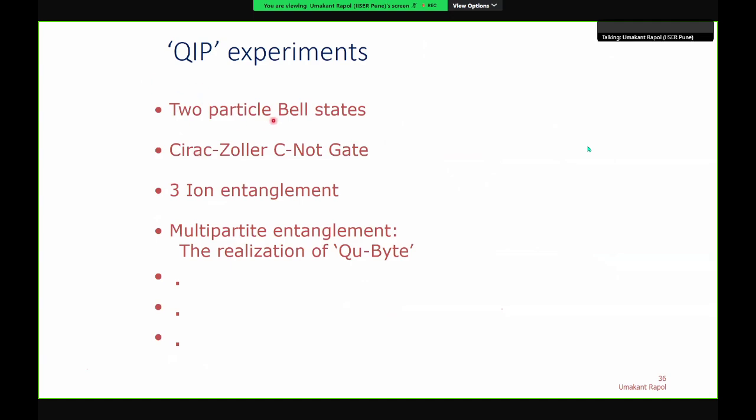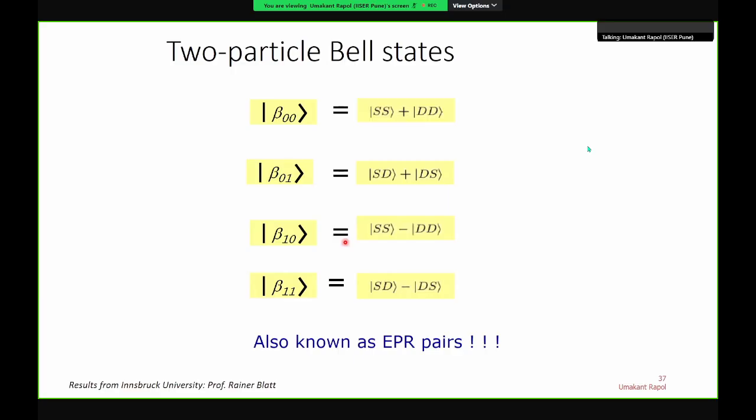Then you can do many things, like two particle Bell states, you can apply this universal Cirac-Zoller gate, you can do multi-qubit entanglement, and you can execute quantum circuits on multiple qubits for quantum computing. Now, I'll show you just one example of how two qubit operations are implemented, for example, creating an entangled state of two ions.